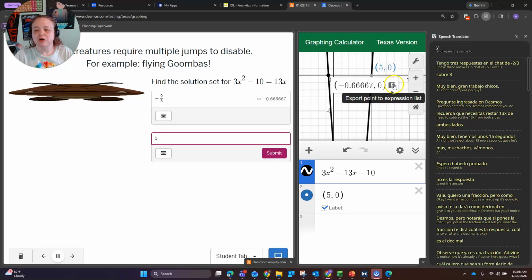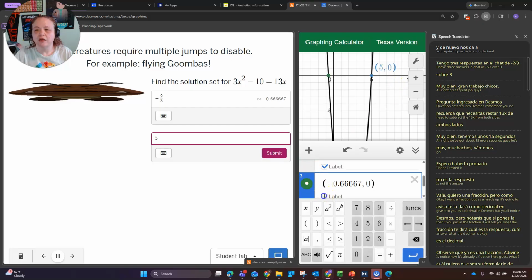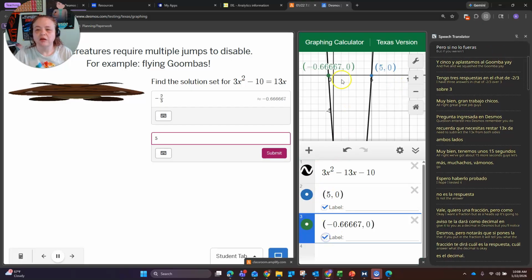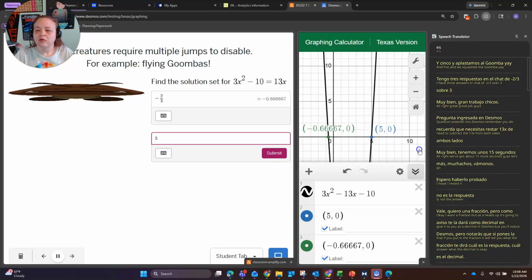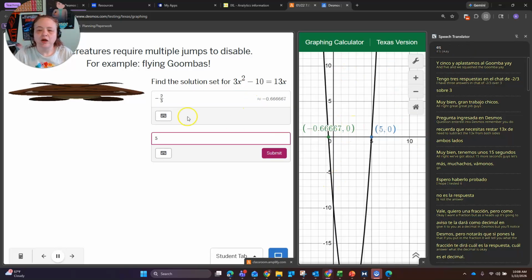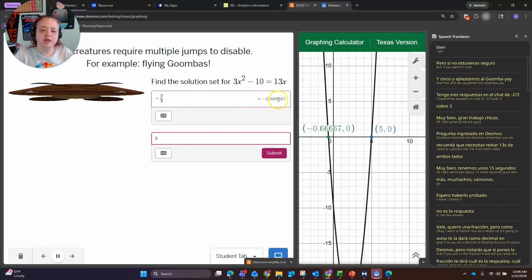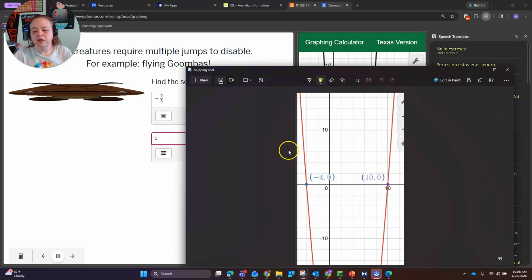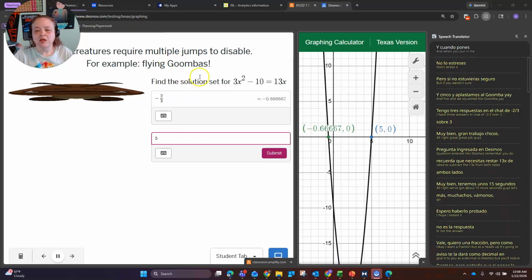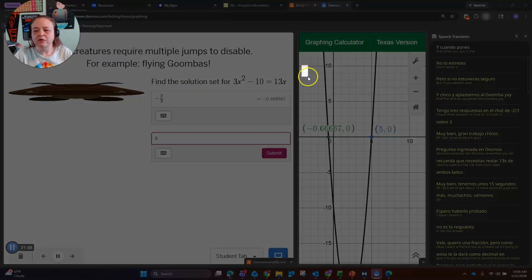But if you weren't sure, it's okay. Don't stress it. When you put in the fraction, you can see that they match. So go ahead and take a moment. Make sure that you are ready to move on.